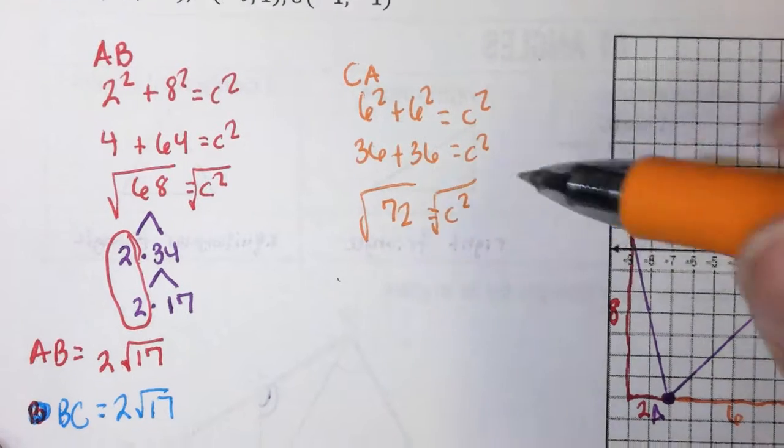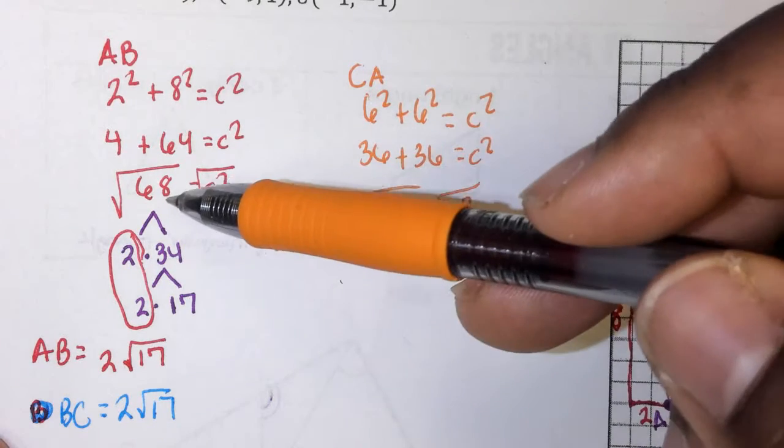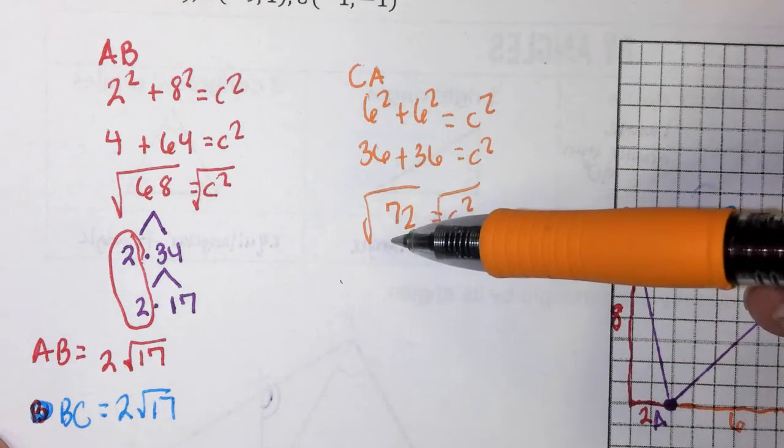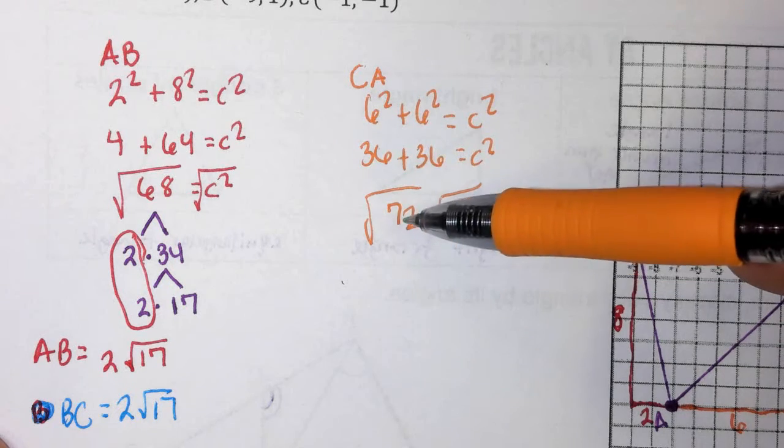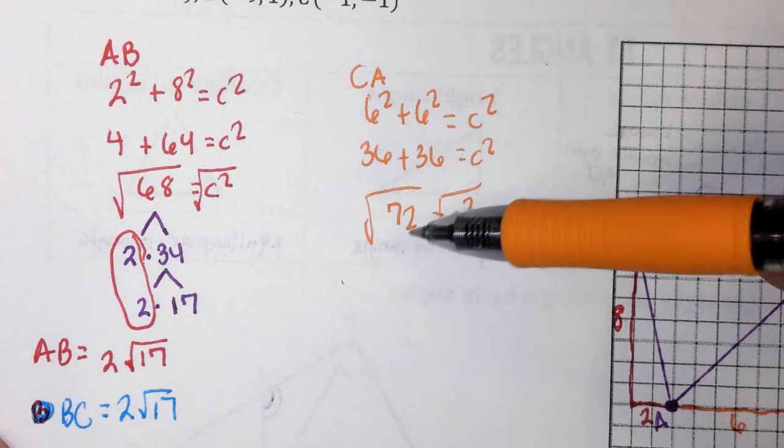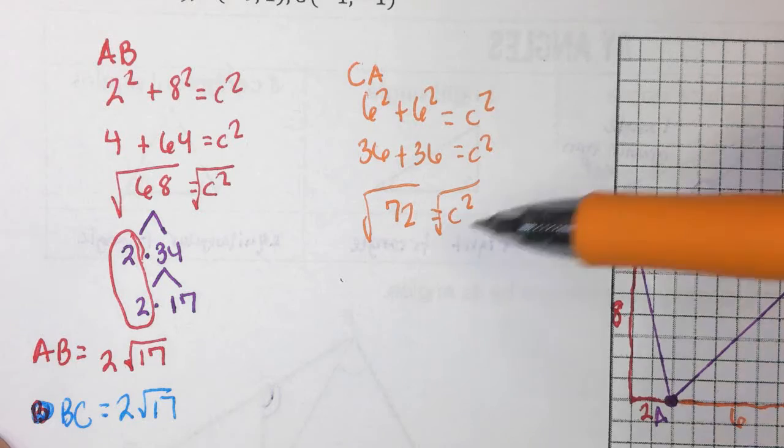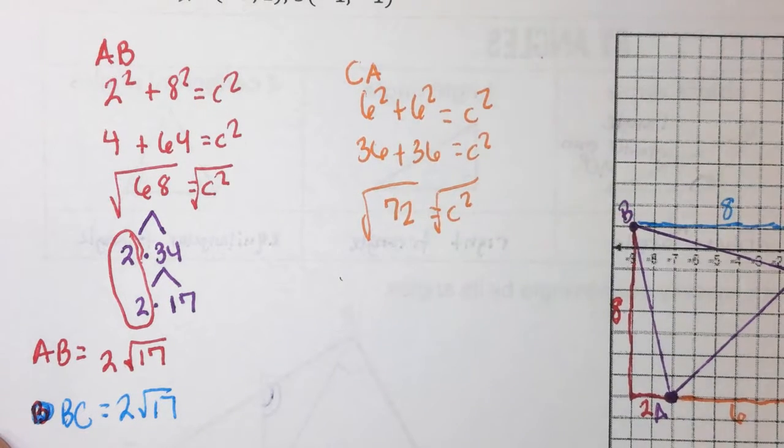Once you get to this point, you kind of know your answer, because I had square root of 68 over here. It's square root of 72. These two are a little bit different, so that tells me already that this side is going to be different. But you're going to finish it out, because you need to finish my problems out.